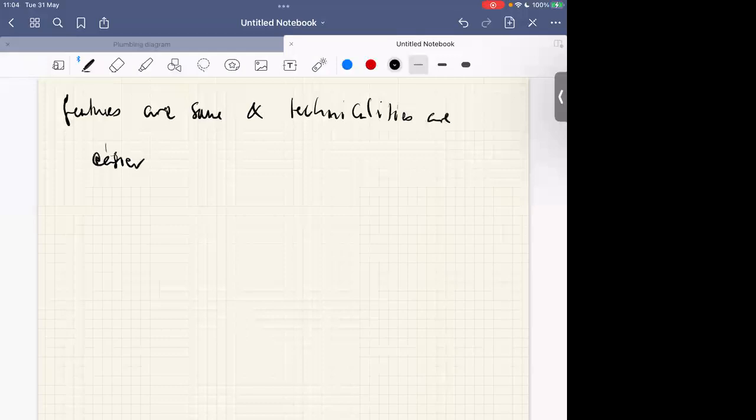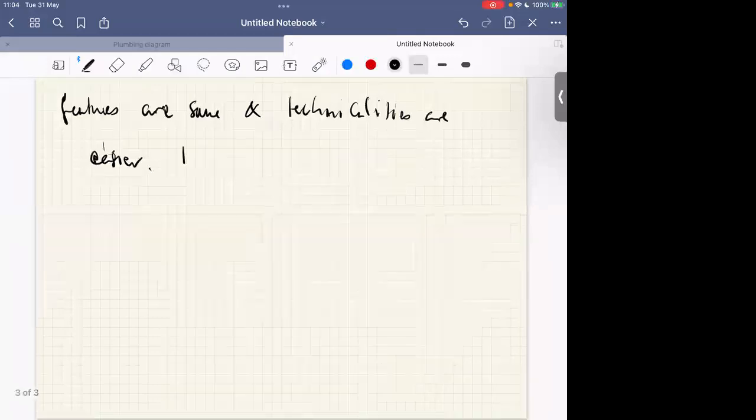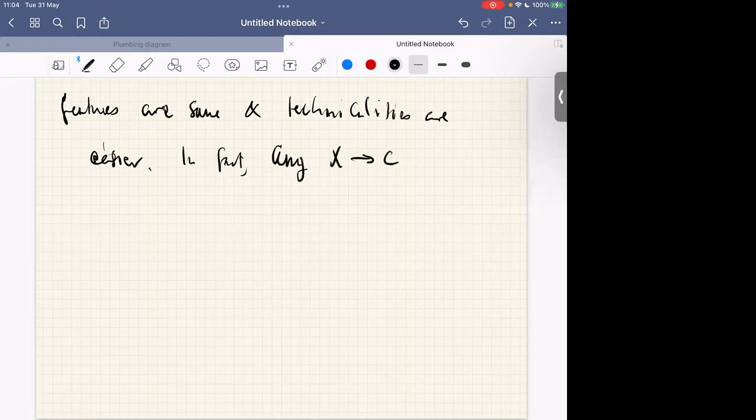In any case, any X to C without a section has an associated Jacobian surface.